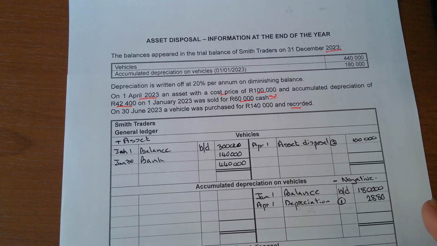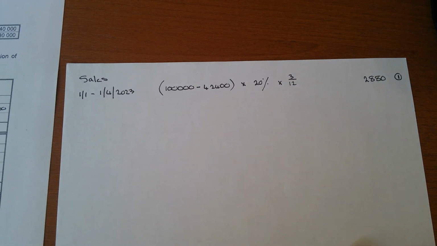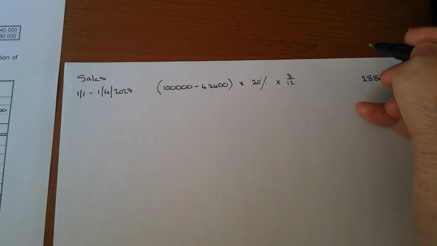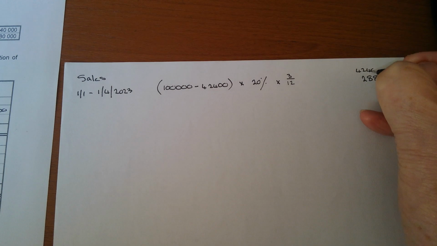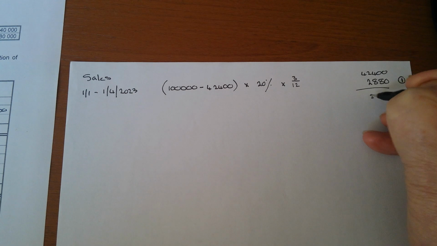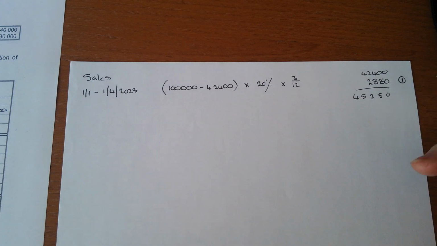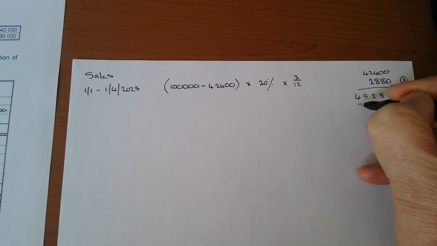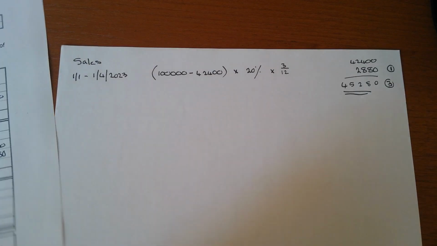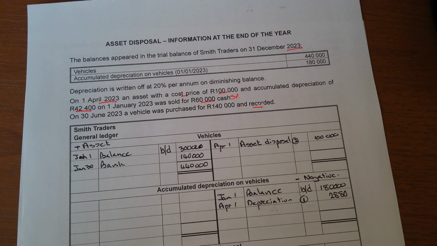Okay, now the third step is to determine what is the total depreciation written off on this asset of 100,000. They said that up to the previous year, it was 42,400. We've written off 2,880 in the current year. So that gives me a total amount of 45,280. And that is my step number 3. So I have to remove the accumulated depreciation out of this account and transfer it to the asset disposal.